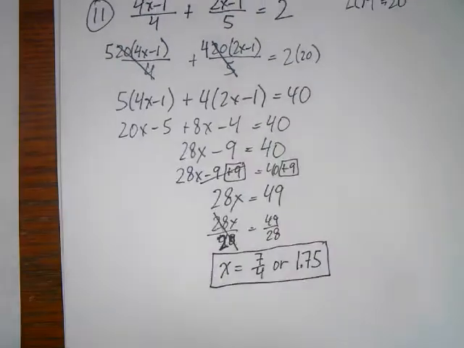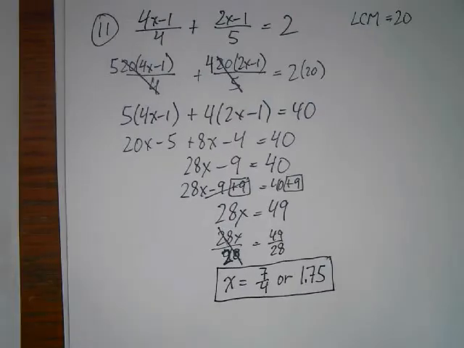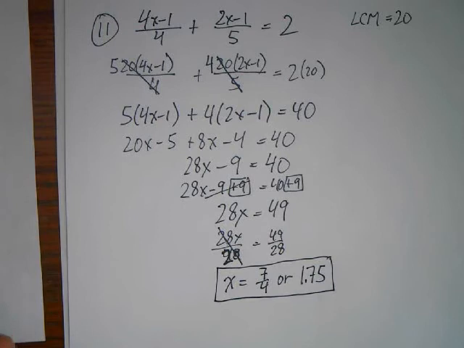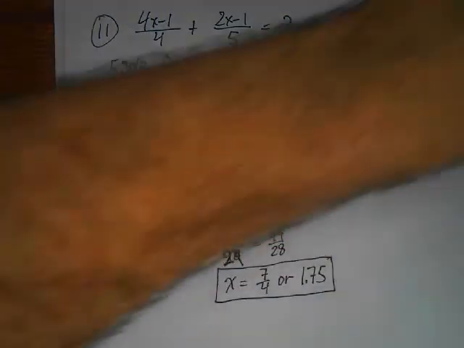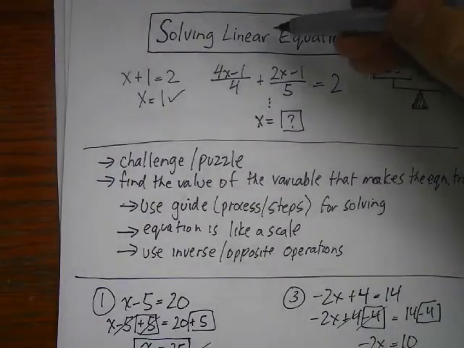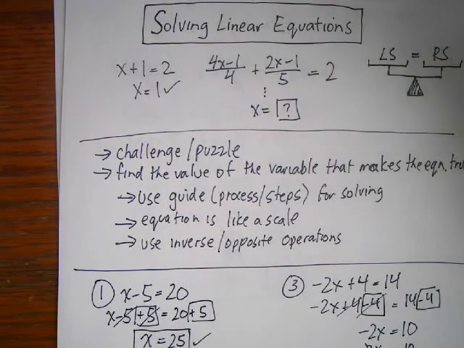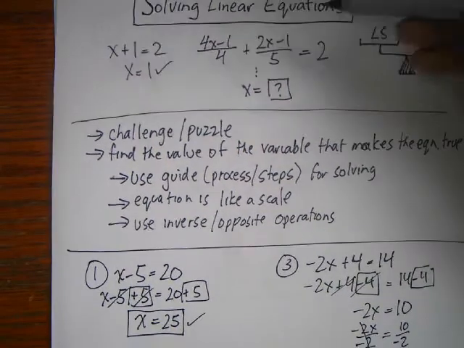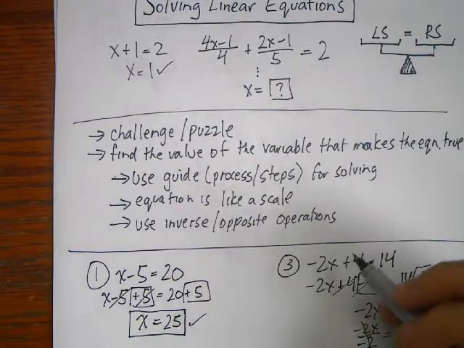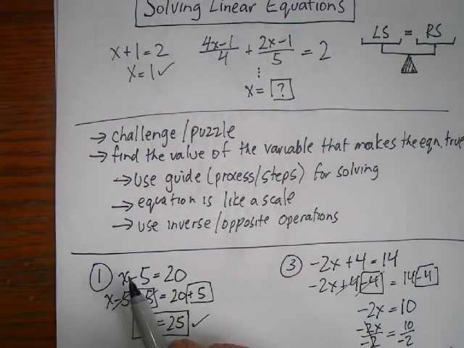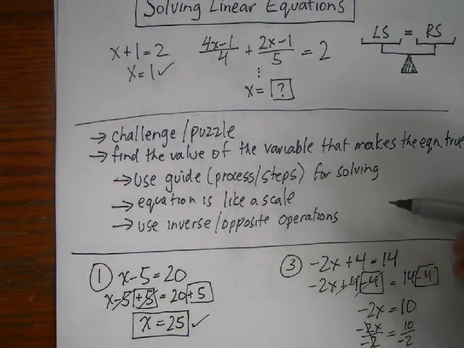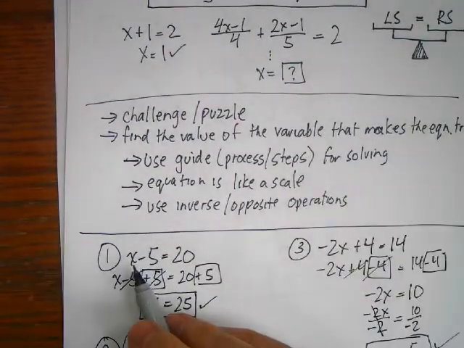Okay, so we've gone through quite a few examples today. Hopefully this helps you be less anxious with solving equations. Now I did want to talk about the very first page, where I talked about solving linear equations. There are all sorts of equations in math. What makes these linear equations is that the variables we use don't have any exponents, like x squared or x to the power 3, and also there's only one kind of variable.